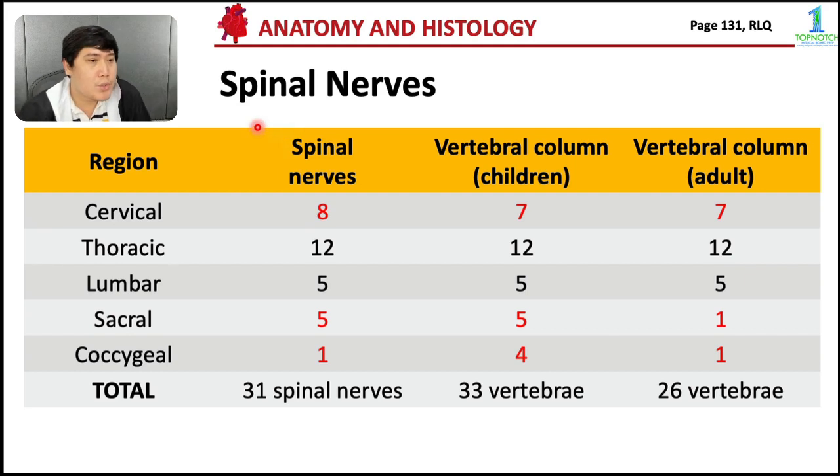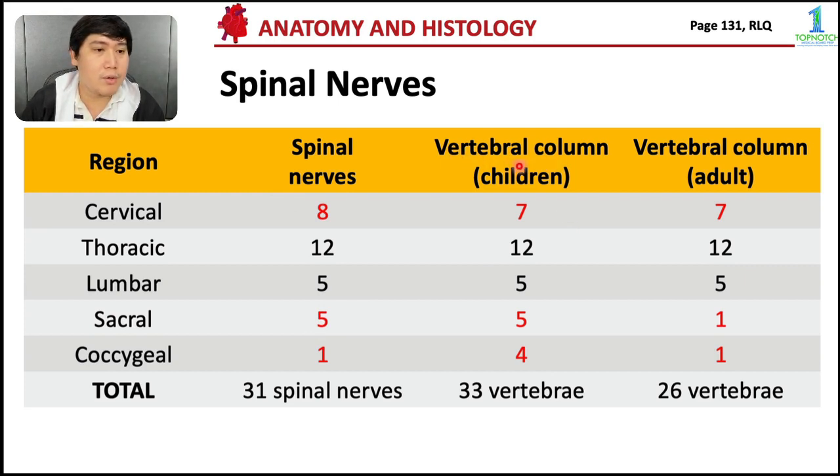Spinal nerves have an issue, as it can be a bit confusing when counting the vertebral column in children, adults, or spinal nerves. Again, you have 31 pairs of spinal nerves: 8 cervical, 12 thoracic, 5 lumbar, 5 sacral, and 1 coccygeal. In total, you have 31 pairs.